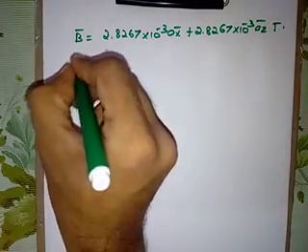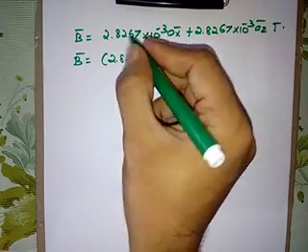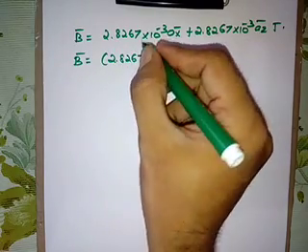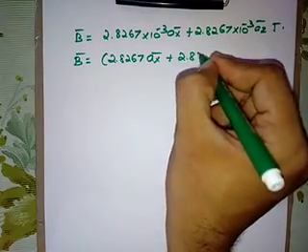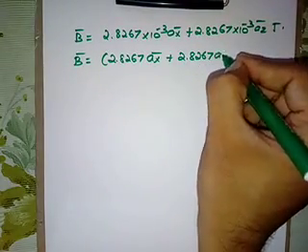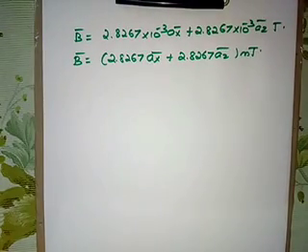Or I can also write it as B bar is equal to 2.8267 Ax bar plus 2.8267 Az bar milli Tesla. So this is how we have solved the problem.